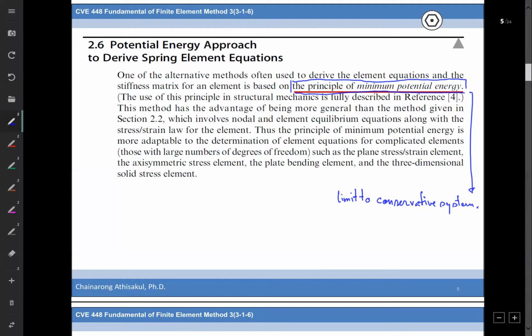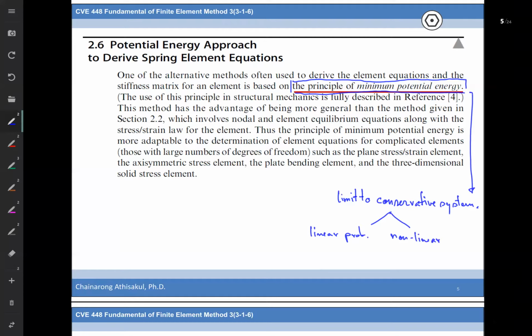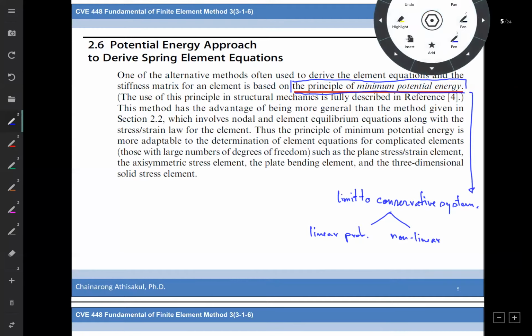But it can be applied to both linear and non-linear problems. In this course, we scope just the linear problem.